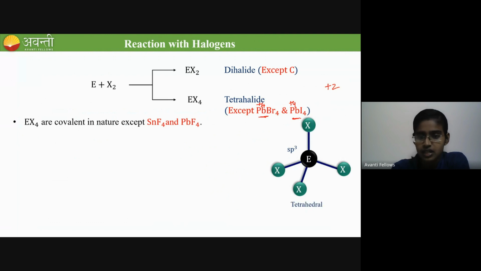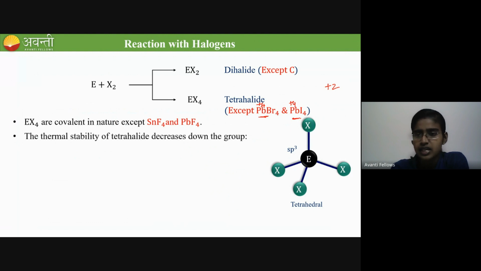The thermal stability of all the tetrahalides decreases on moving down the group. Tetrahalide means CX4, SiX4, GeX4. So all these tetrahalides, stability is decreasing. The carbon tetrahalide is more stable compared to the next and next.